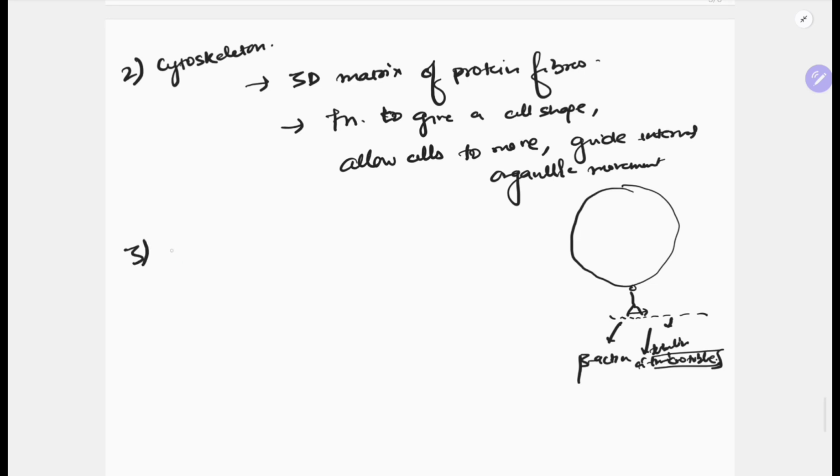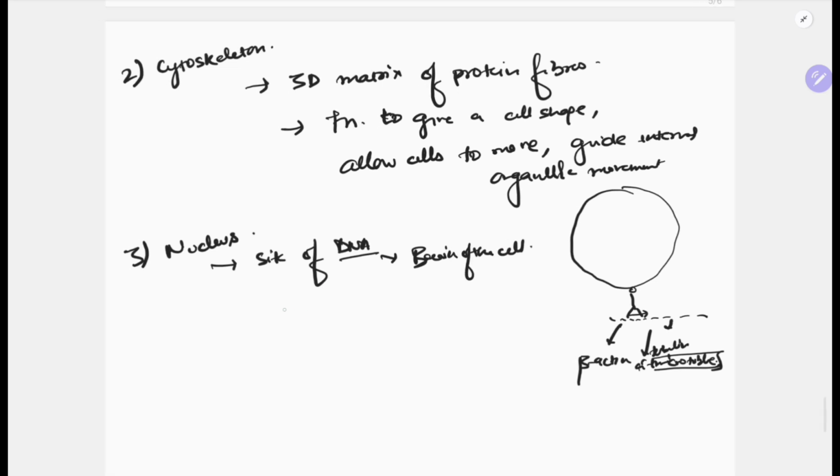Now the third thing that comes is nucleus. So what is nucleus? It is a site of DNA. And DNA is basically the brain of the cell. And here the DNA and RNA synthesis takes place. Okay.